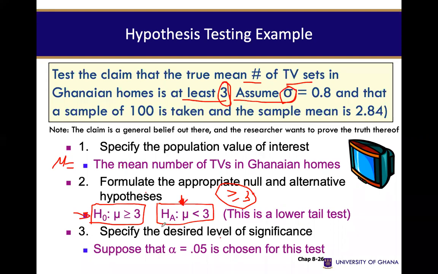This one says that the average number of TV sets is less than 3. So you can conclude that there is enough evidence to prove that the average number of TV sets in Ghanaian homes is less than 3. Or you can conclude that there is not enough evidence to show that the average number of TVs in Ghanaian homes is at least 3, that is, greater than or equal to 3.